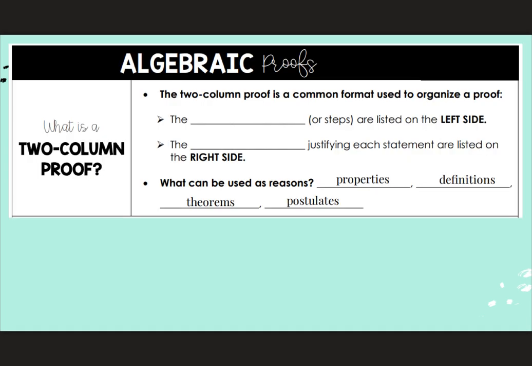All right. So the two-column proof is a common format used to organize the proof. The steps are listed on the left side, and the justifying statements are listed on the right side.